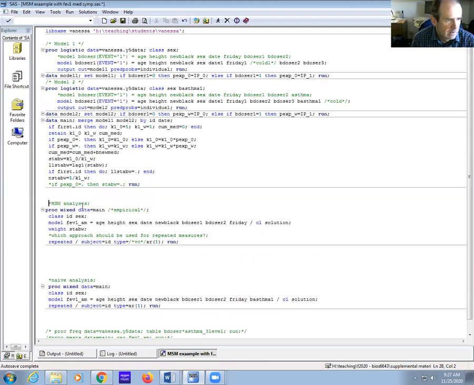This is our main model where we have FEV1 as the outcome, and our main predictor of interest is doser use. So how does using the inhaler affect the lung function, right?